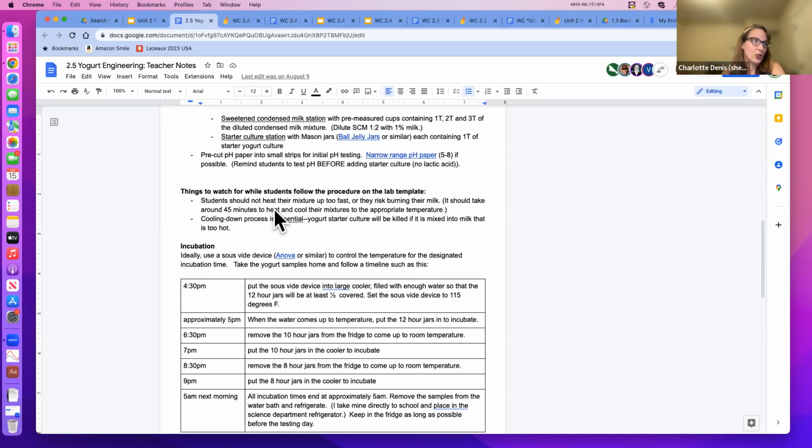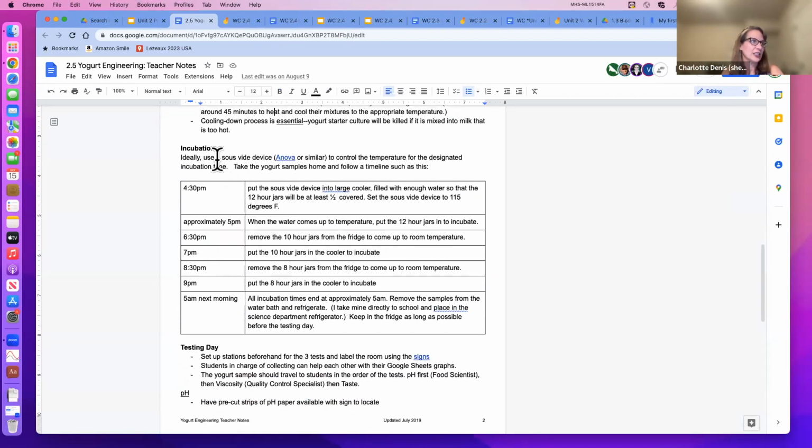They also need to make sure to cool it down because the bacteria will die if they go into milk that's too hot. And then here, Amy, this gets to your question. I have some information in here about what I do when I bring all of the samples home, with a timeline so that you can adjust your timeline. I get up relatively early, so I set them so that when I get up, it's the first thing I do.